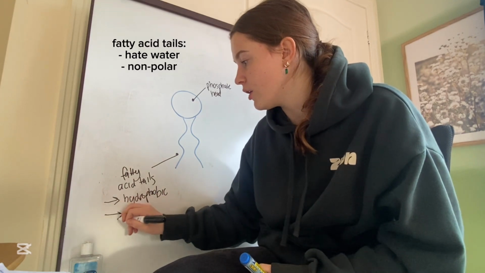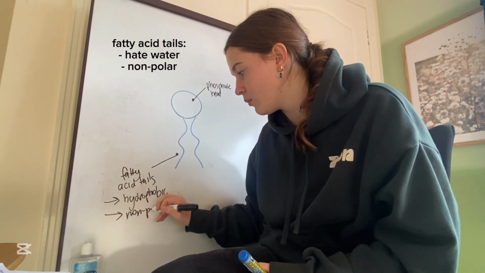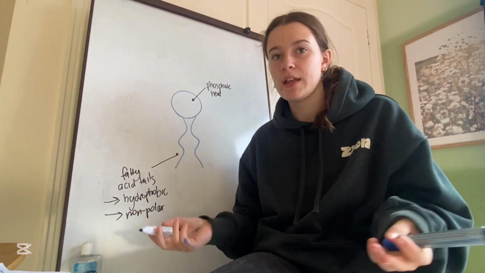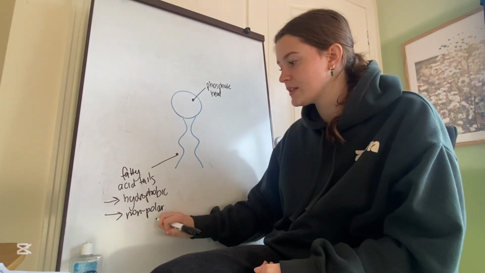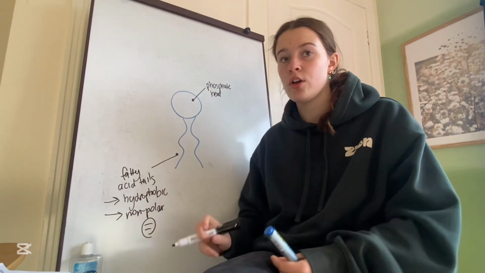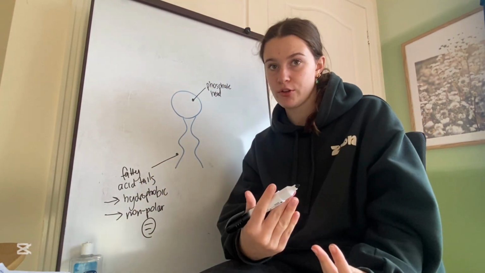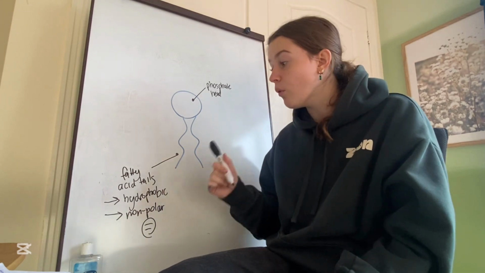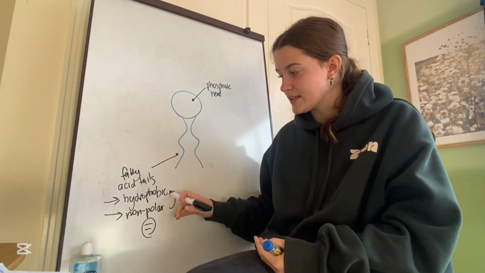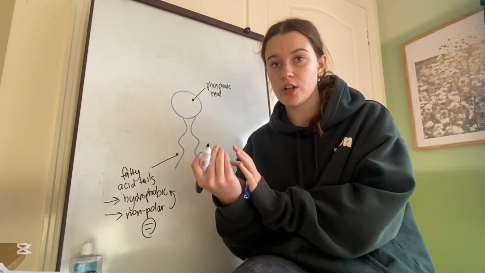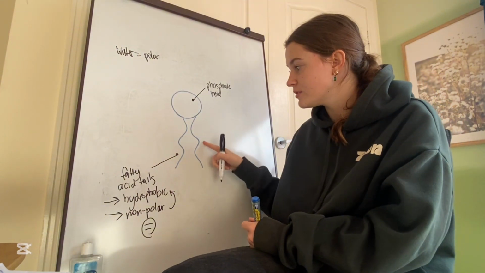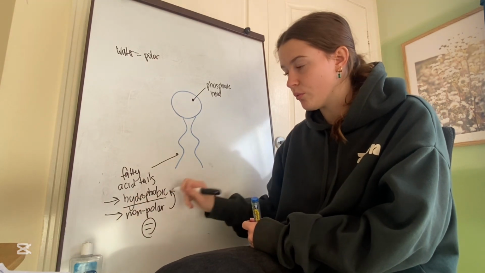And they are non-polar, which you guys won't know what that means because you wouldn't learn about it in chemistry and it was never explained to us. But basically this means that they are neutral and they only attract other neutral molecules, right? Water is polar. So it kind of makes sense that it doesn't like water because water has a charge to it, which means that these non-polar tails don't like the water.